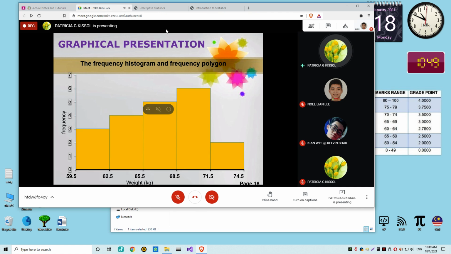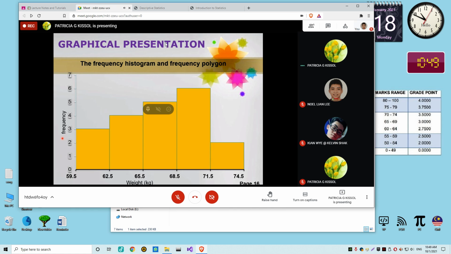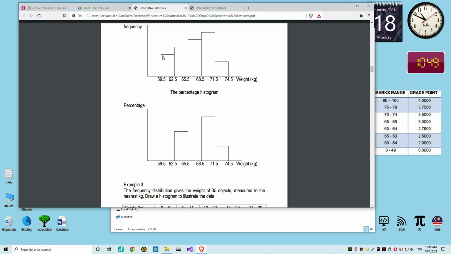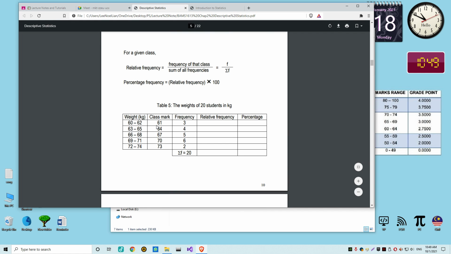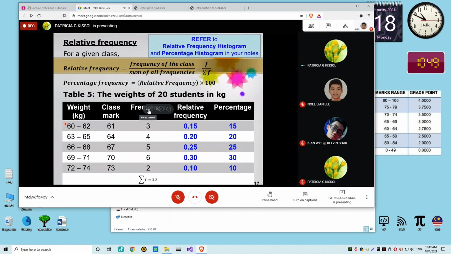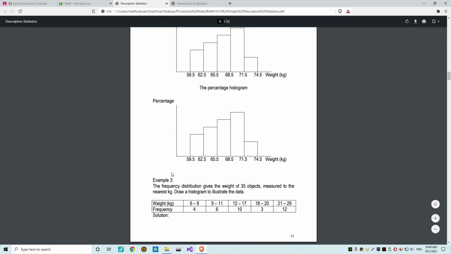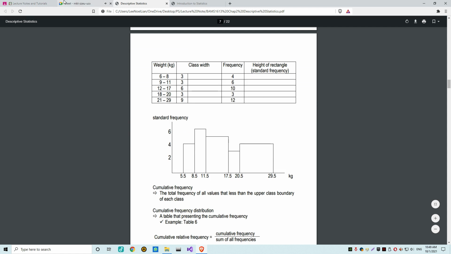It will be stated as a relative frequency or percentage. Yeah, you can see it in your notes. I didn't show it here in my slides because I asked you to refer to the relative frequency histogram and percentage histogram in your notes.